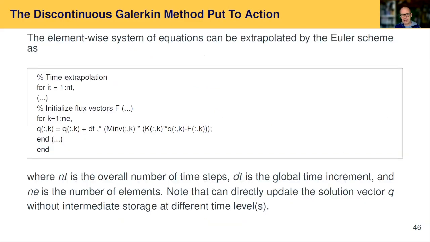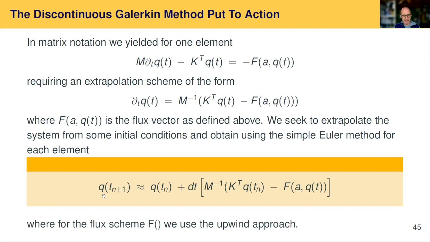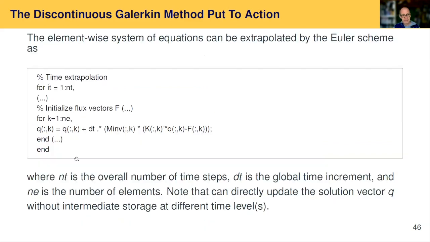So I think, here's an example of the code. It's basically a Python translation of this line here. Okay, you can see Q is a matrix now for each element, so that's different. We have never seen it like this before.